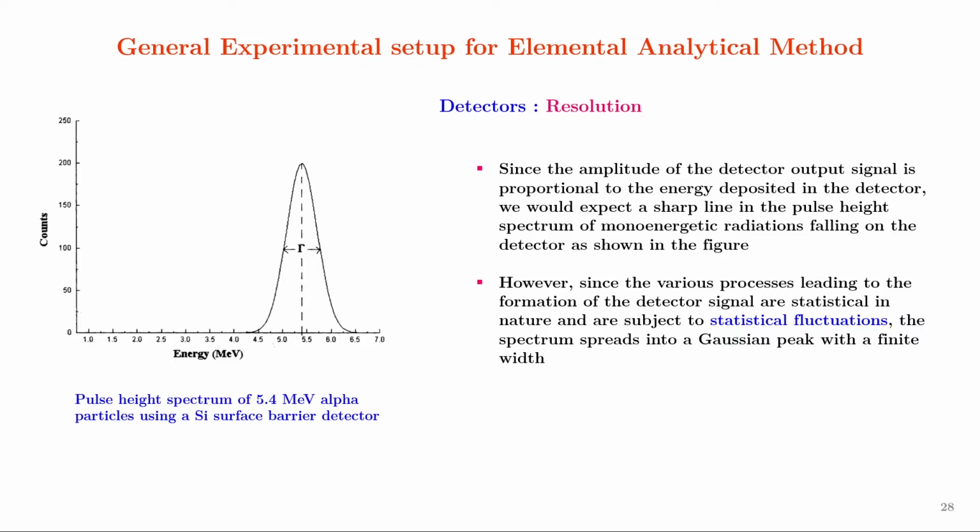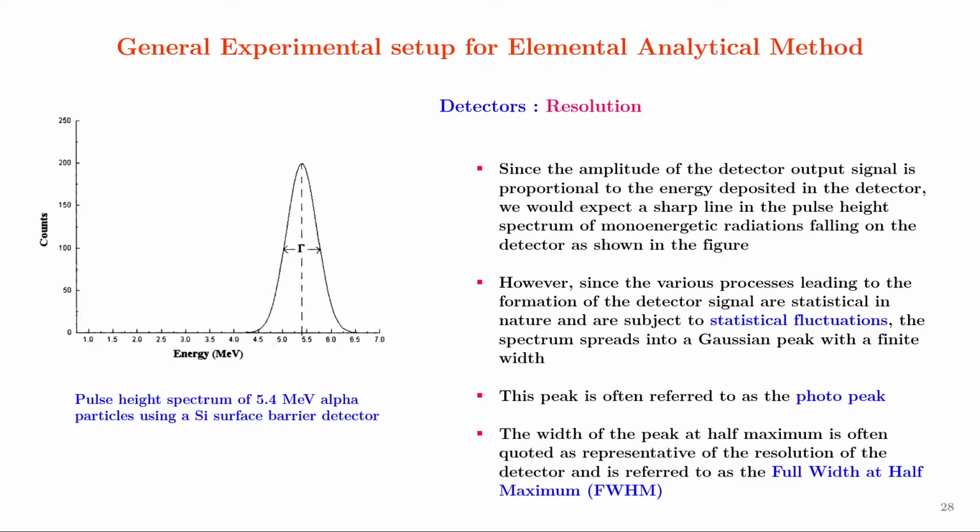However, since the various processes leading to the formation of the detector signal are statistical in nature and are subject to statistical fluctuations, the spectrum spreads into a Gaussian peak with a finite width. This peak is often referred to as the photopeak.